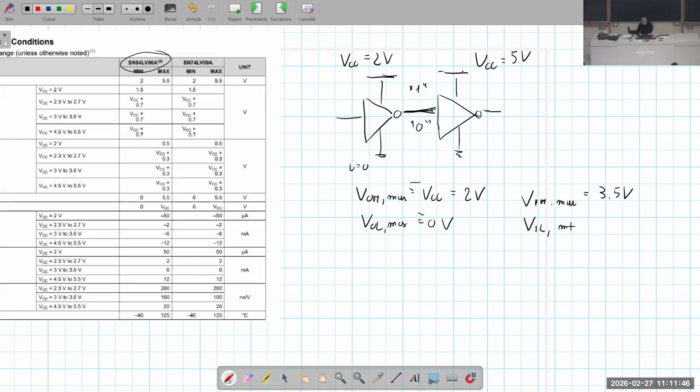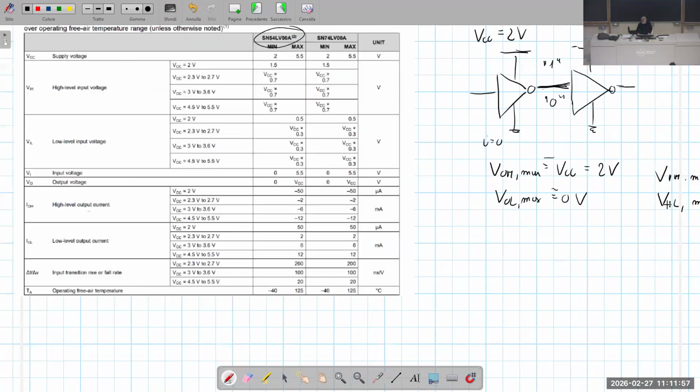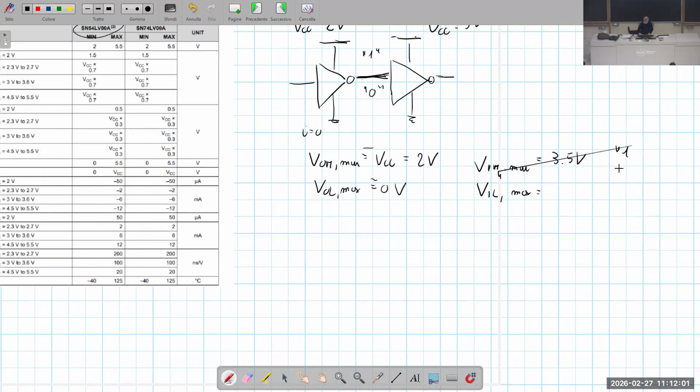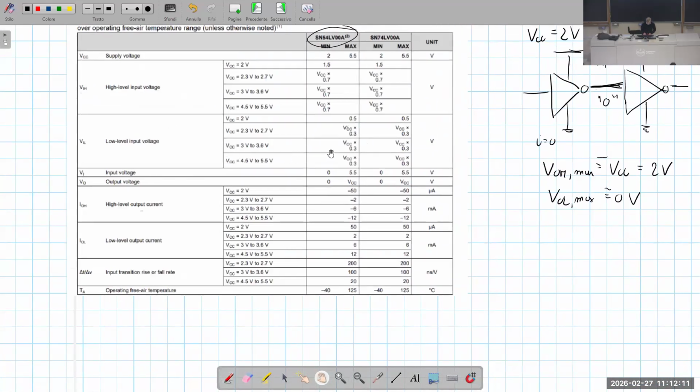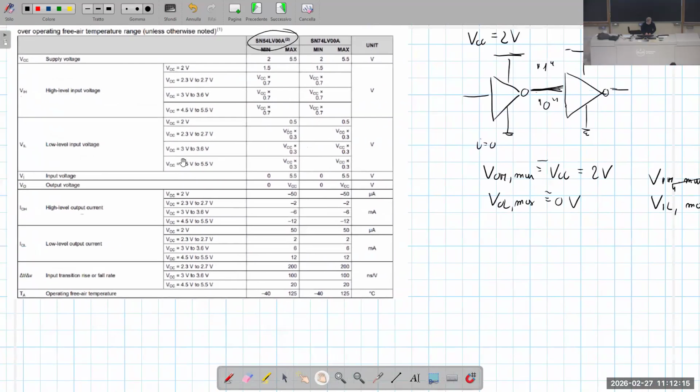VIL maximum, that is the maximum voltage which is yet recognized as a 0. What is VIL maximum in this circuit? VIL maximum at 5-volt supply.